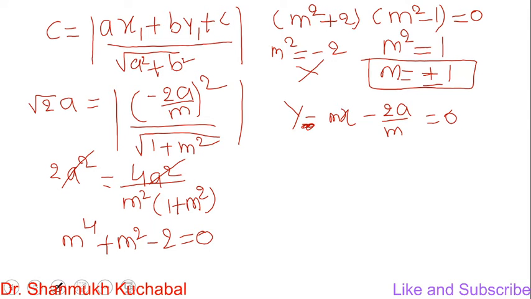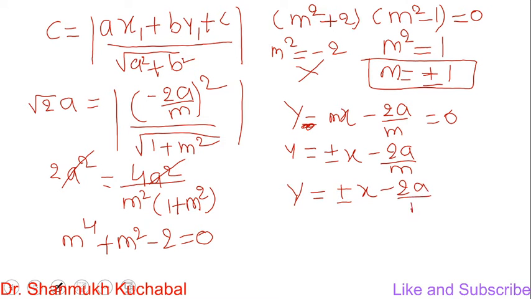Then y equal to plus or minus x plus 2a divided by m. Further, m we have as plus or minus 1, so we substitute that.